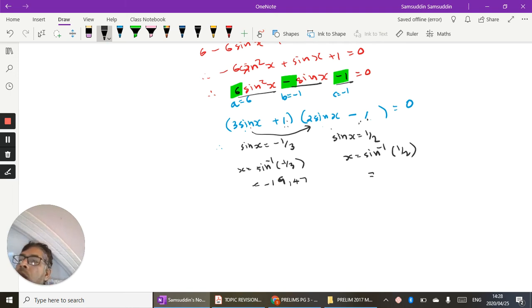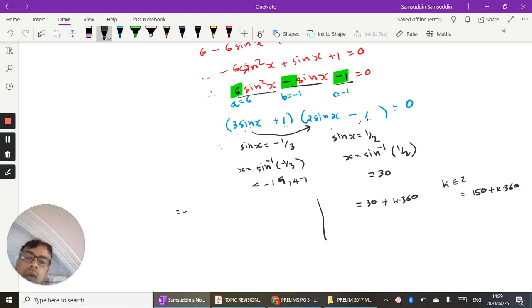And if I use sin inverse half, then my answer will be 30 degrees. So for the second, there will be two answers, 30 and 150 degrees, plus k times 360. That's the general solution, plus k times 360, where k belongs to Z. That's the answer for 30.